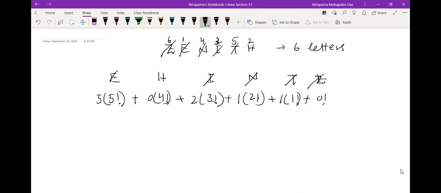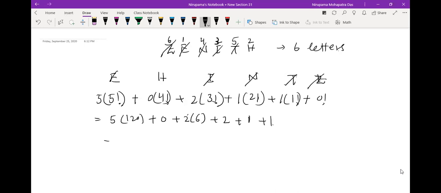5 into factorial 5, that is 600, plus 0 into factorial 4, 2 into factorial 3, 2 into 6, that is 12, plus 1 into factorial 2, plus 1 into factorial 1. Then here it is 1.